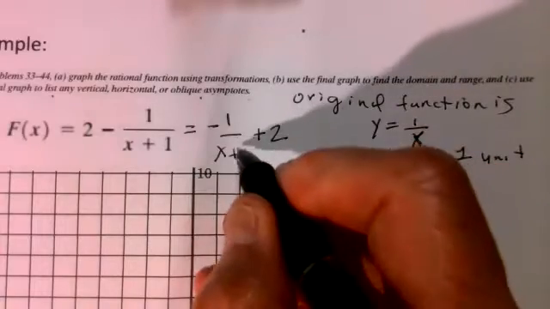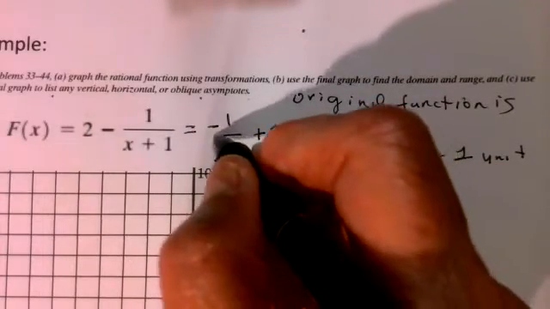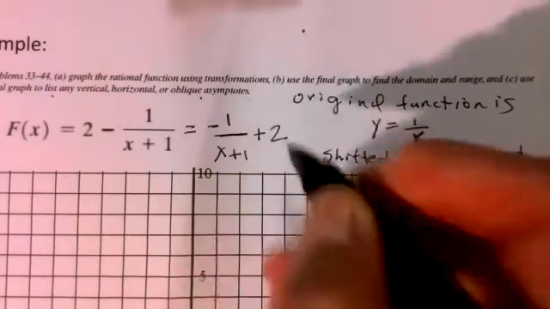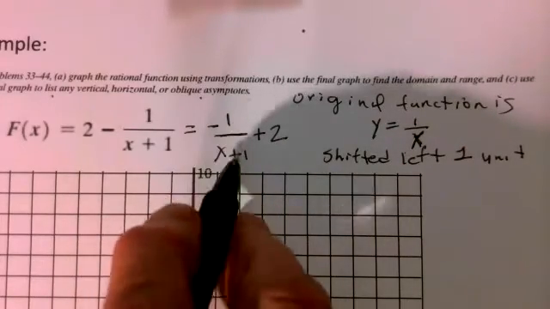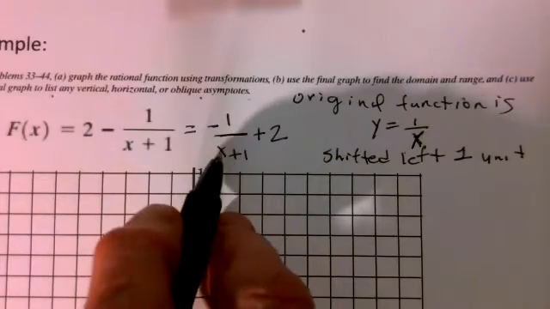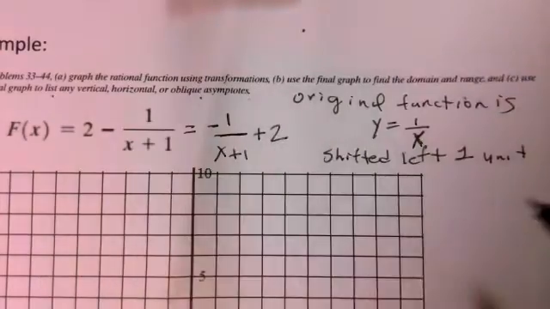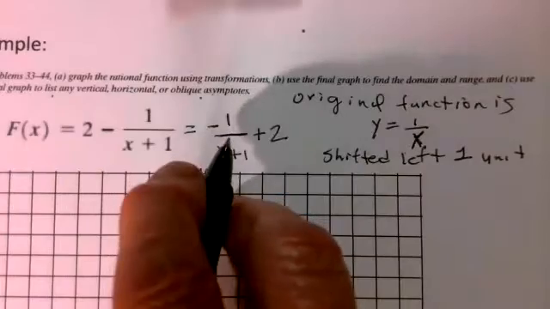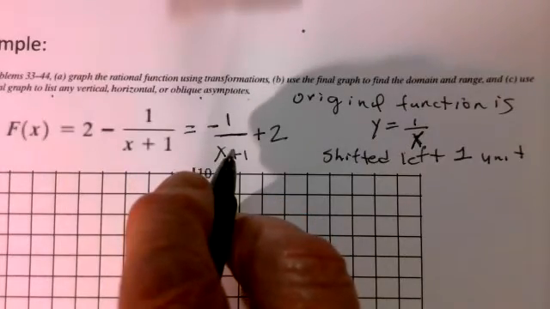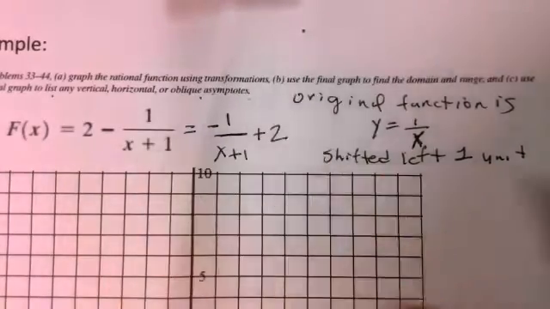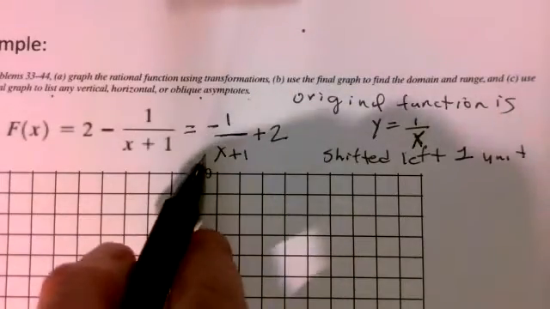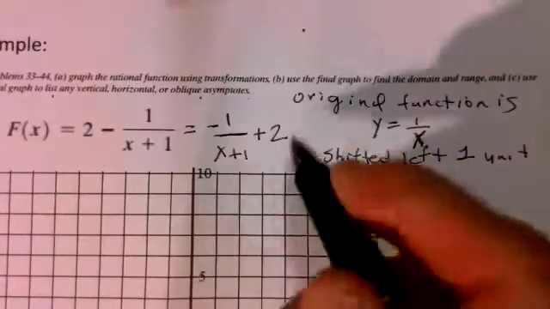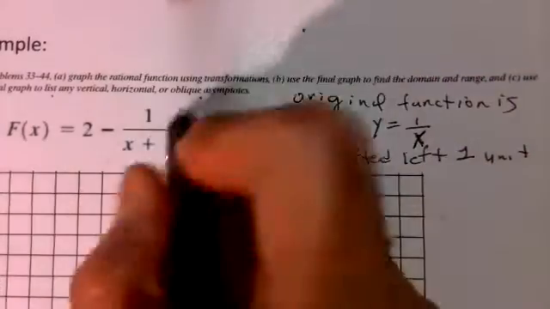And then we're starting with the inside. And notice here, the fraction bar is the grouping symbol. So if you're adding or subtracting underneath the fraction bar to the x, it's going to shift left or right, just like when we were adding inside the grouping symbol for square root or absolute value or square function or whatever. And then the minus sign is just out in front of the function.